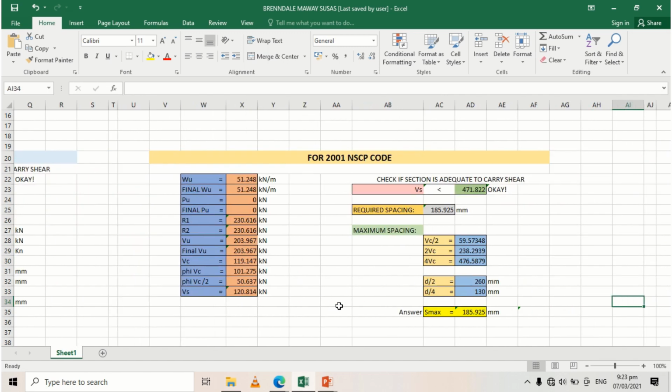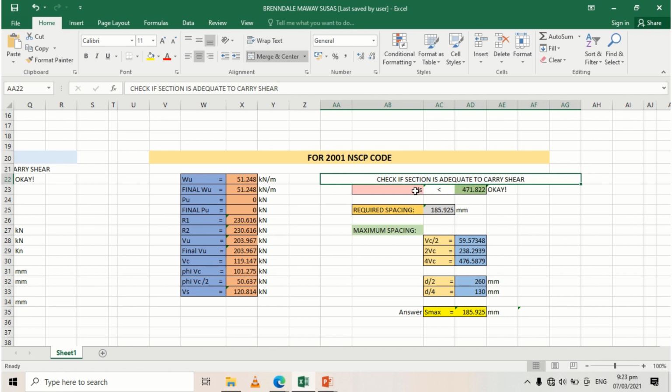For 2001 naman, same pa din. Ito yung mga nakalculate na value natin. By the way, R1 and R2 here are the reactions. R1 is for the left support of the beam and R2 for the right support. Para hindi malito. Ganun pa rin. Check natin if adequate to carry shear. VS 120.814 is less than 471.822, so okay siya.